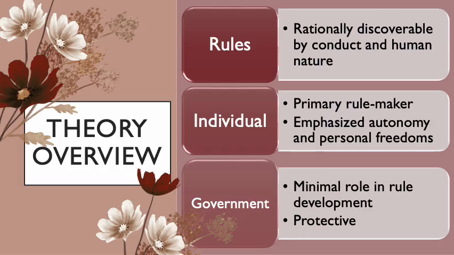Therefore, under secular natural law, the government should play a minimal role in rule development because, again, your rules are based on your autonomy and your freedom as an individual. And the purpose of the government was to be a protective source for people. We'll talk about this a little bit more as we go through this theory.